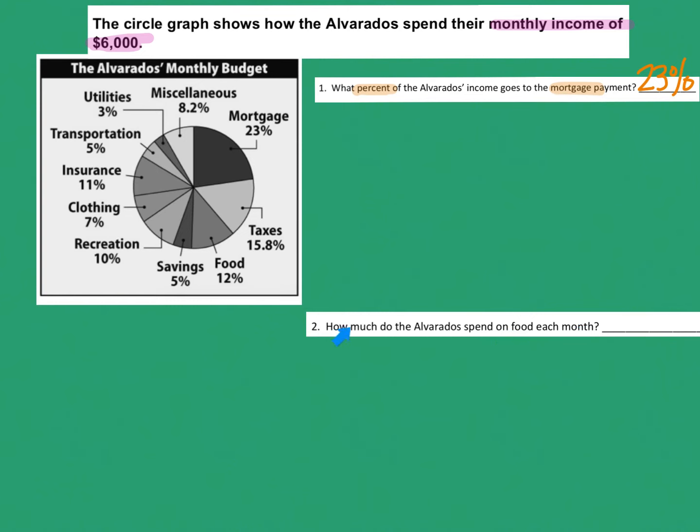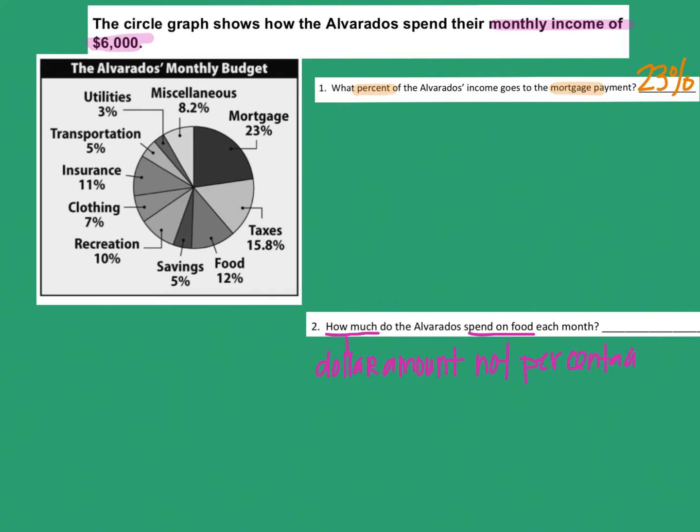Question 2, how much do the Alvarados spend on food each month? Notice this one did not say percent. So when that happens, I need to put my amount as actual money. When it just says how much do they spend on food, this one's an actual dollar amount, not a percentage.